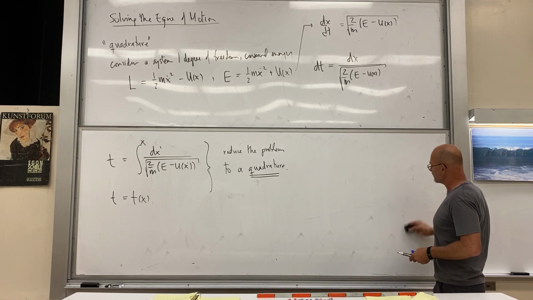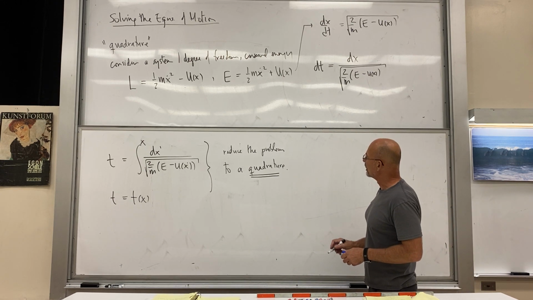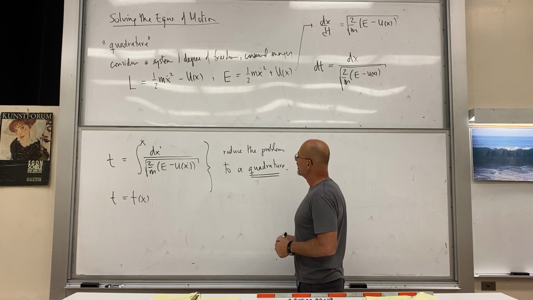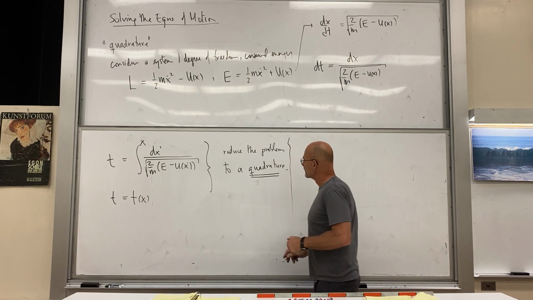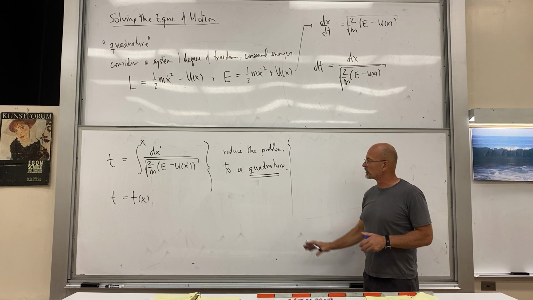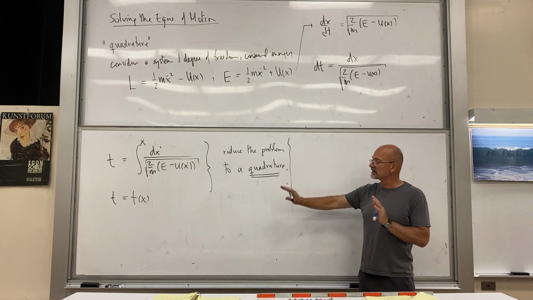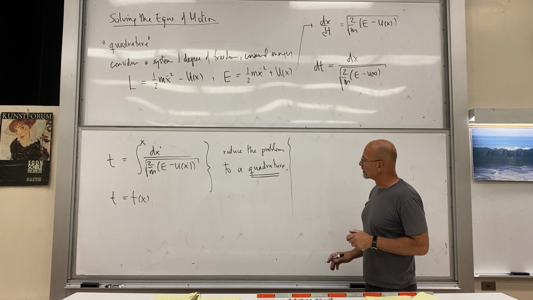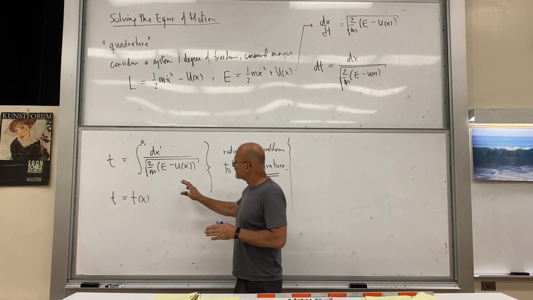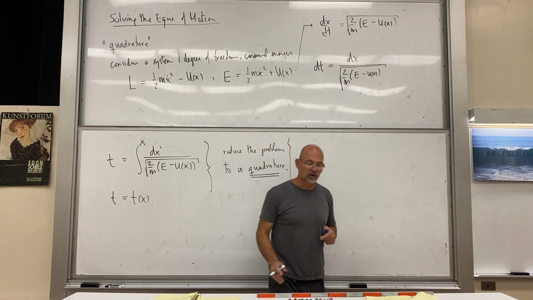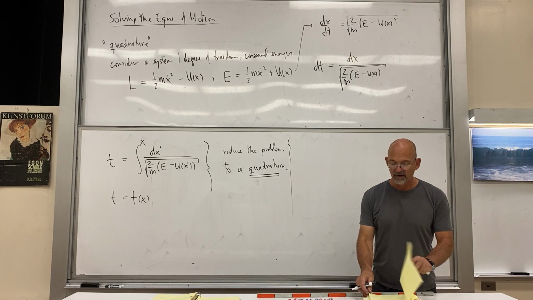So this is what's meant by reduction to a quadrature. And so in Lagrangian mechanics, if we can reduce a problem to this level, then we're done, so to speak, and we're looking for classes of functions that can be reduced to a quadrature, because that's by no means a given.